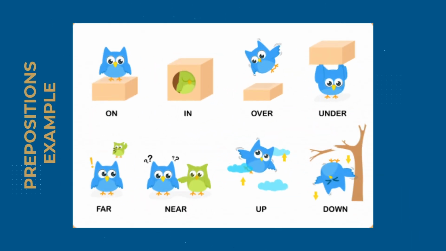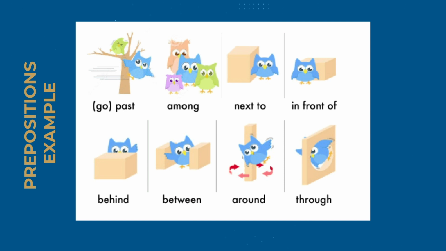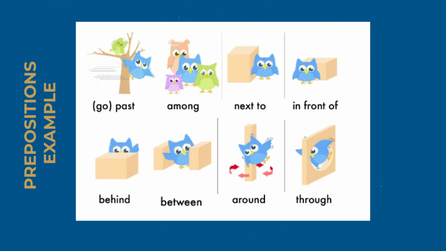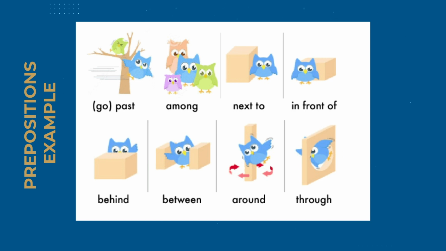For example, if you see the pictures, it will show you the location or the position, like on, in, over, under, for, near, up, down, go, among, next to, in front of, behind, between, around or through. So, these prepositions always help you to understand the position or the location.